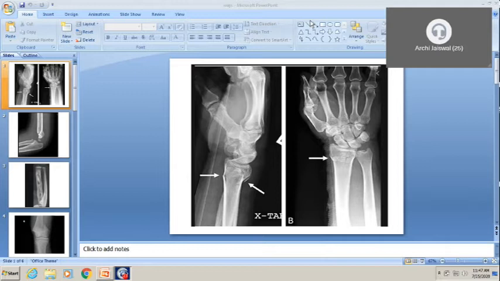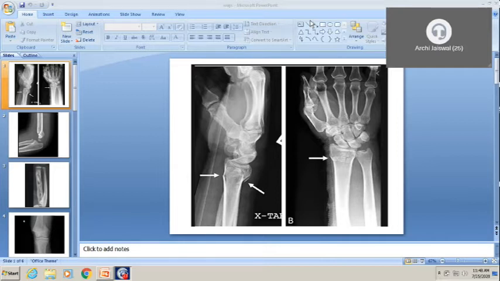You can say it's a digital X-ray. Earlier we had plain X-rays, manual X-rays, so they used to call it plain X-ray, but now you can say it's a digital X-ray of the wrist. If you can see the side written, you can say left or right wrist. Both AP and lateral views, we are seeing two views.